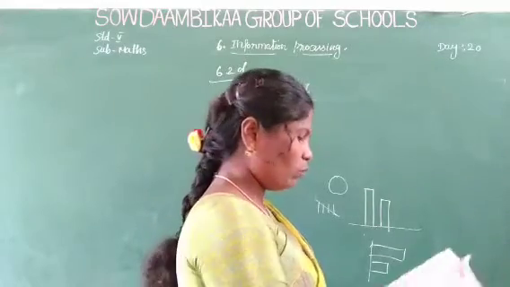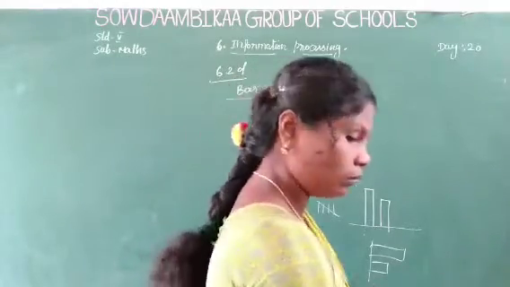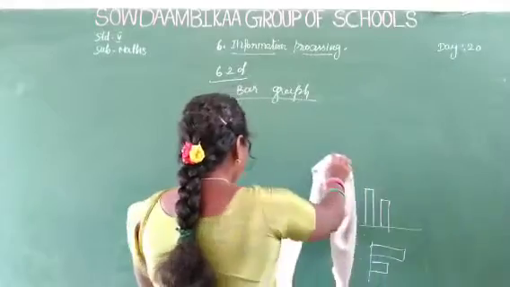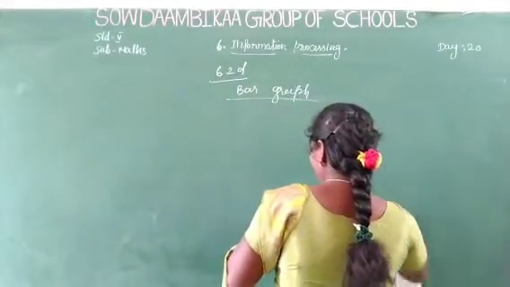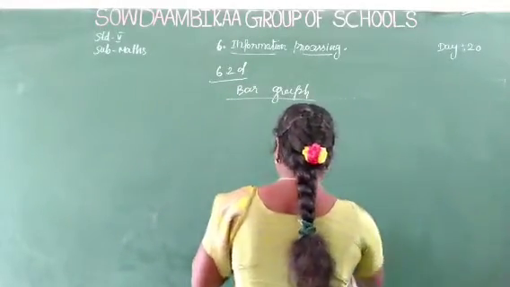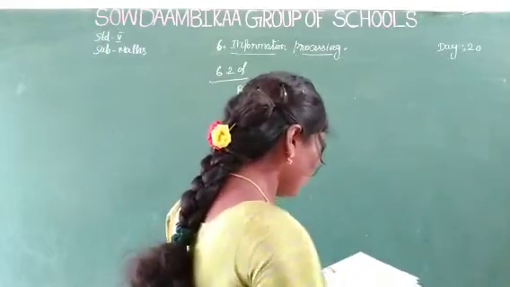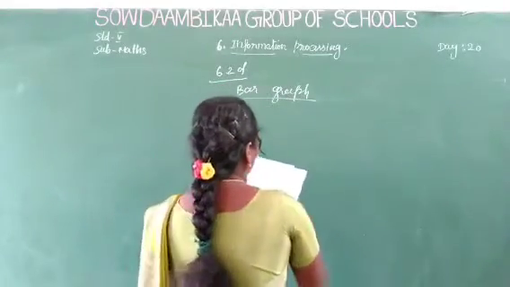So now see one example of a bar graph. The first example, page number 93: the number of things sold in a month, January, in a particular shop is shown below. Draw a bar graph.